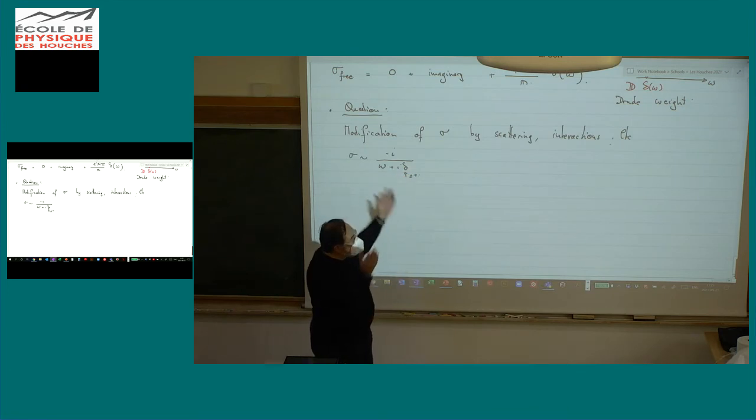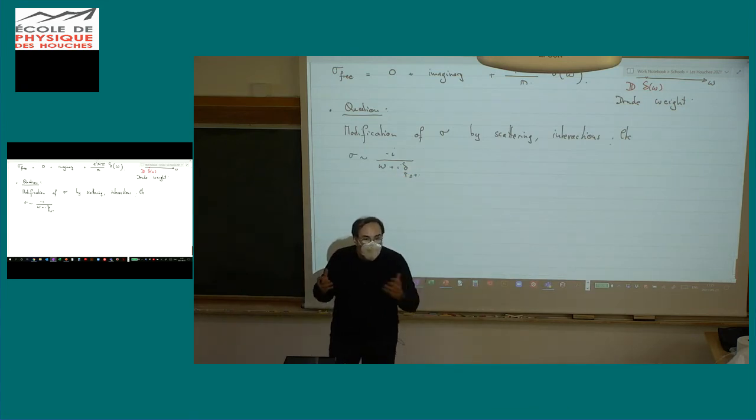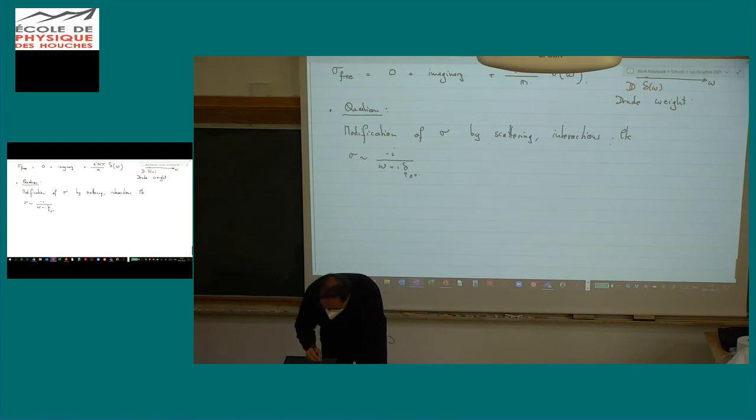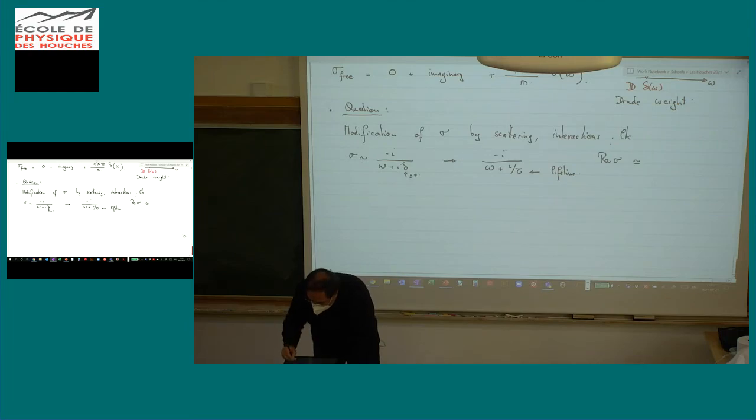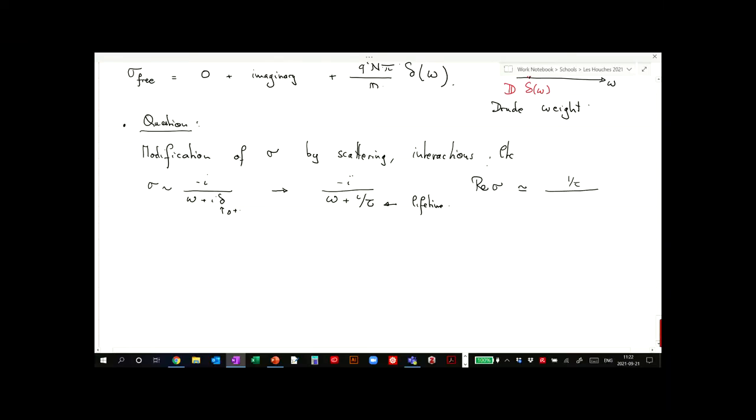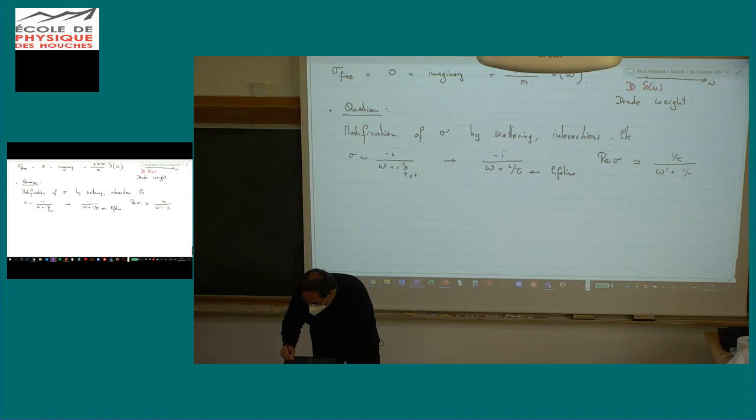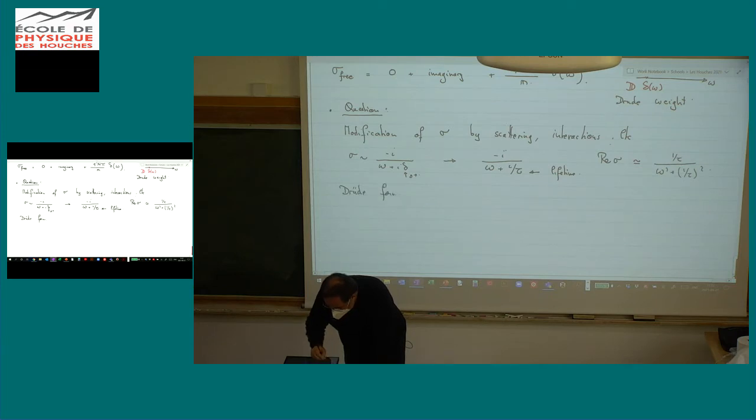If now, because of scattering and interactions, I have a real lifetime, you would like to transform this into minus I divided by omega plus I over tau, where tau is the lifetime. And then the real part of sigma will become a Lorentzian, which is essentially 1 over tau divided by omega square plus 1 over tau square, which people call the Drude form for conductivity.